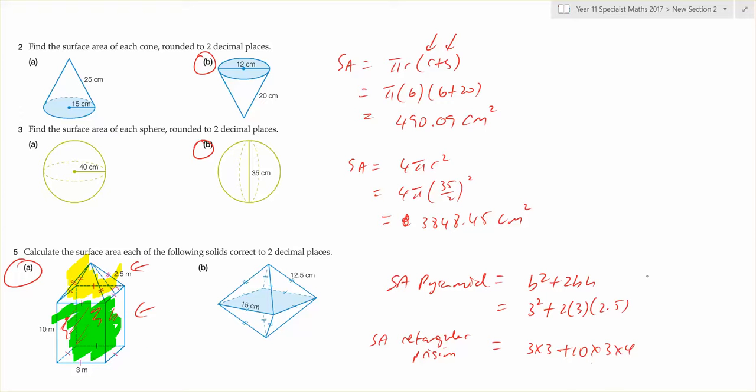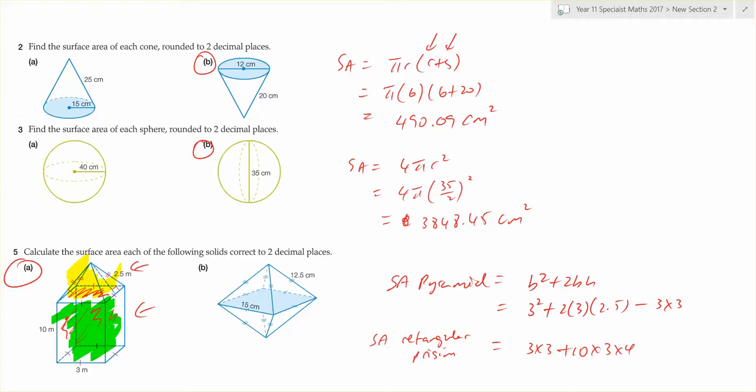What I didn't consider for the pyramid is that the bottom of the pyramid is a square and it's not exposed to the outside, so we cannot count that. We have to subtract 3 by 3. You need to subtract this face because it's not part of the surface area, as it's not exposed to the outside air.